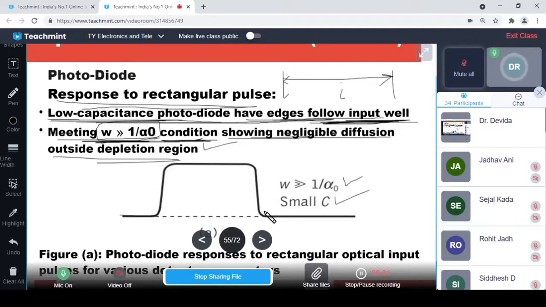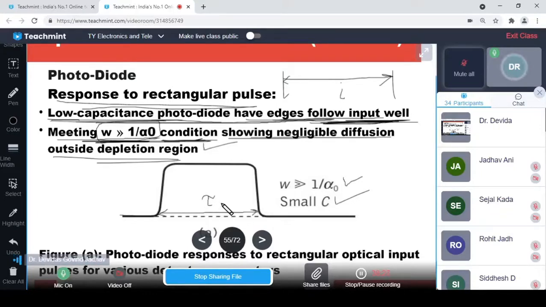So why is it important? Because the pulse duration is not modified. It is almost the same as the original rectangular pulse. So this pulse duration tau does not take a higher value. Why is it important?